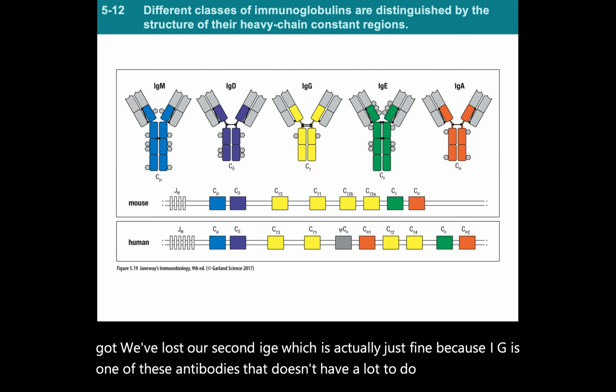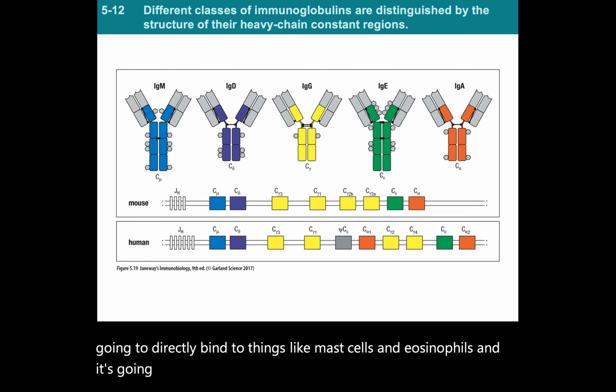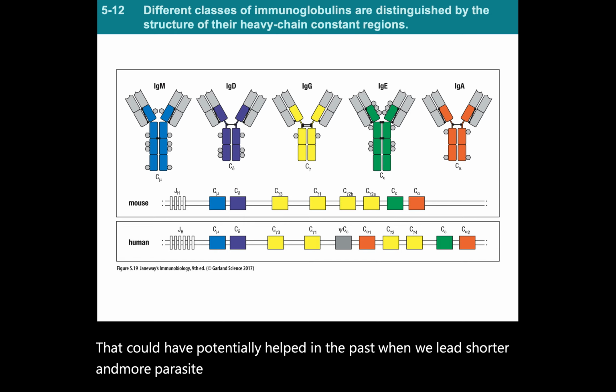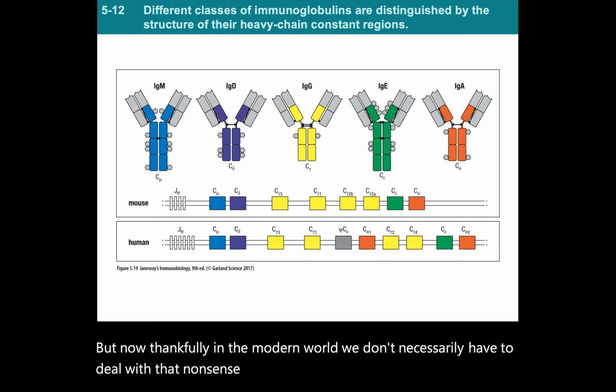It is going to directly bind to things like mast cells and eosinophils, and it's going to set off horrible allergic reactions that could have potentially helped in the past when we led shorter and more parasite-ridden lives. But now, thankfully, in the modern world, we don't necessarily have to deal with that nonsense, and that's a very good thing, I would say.